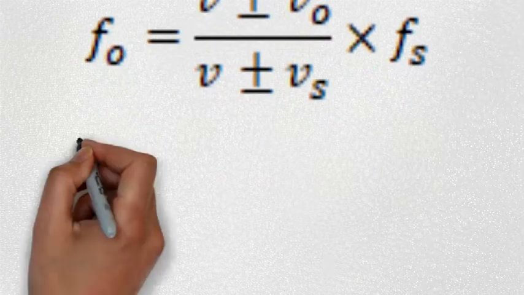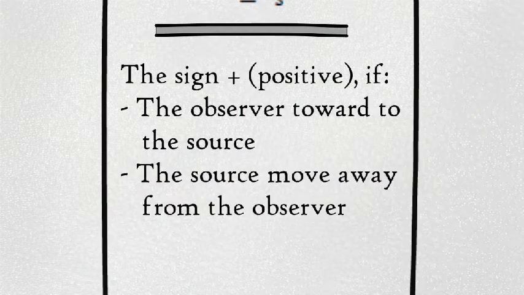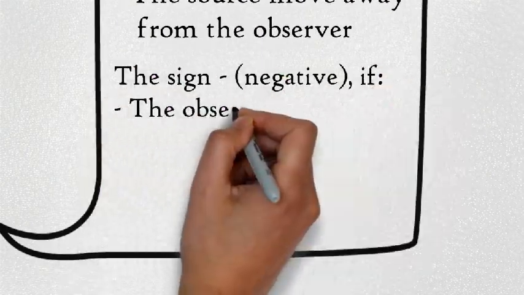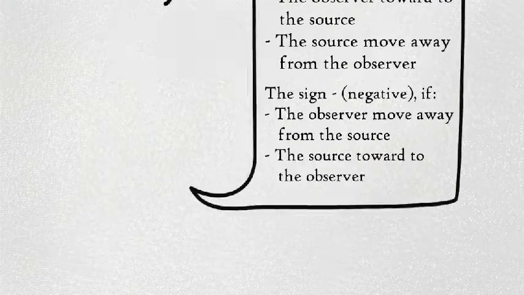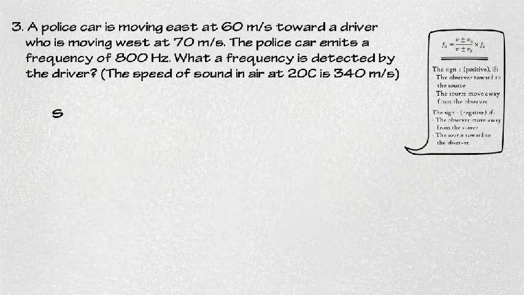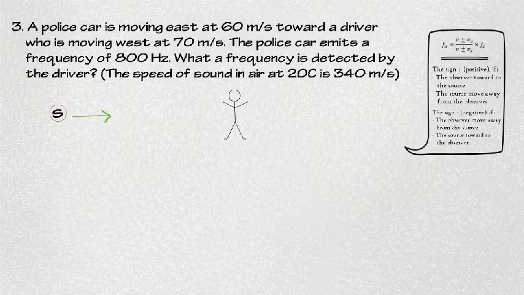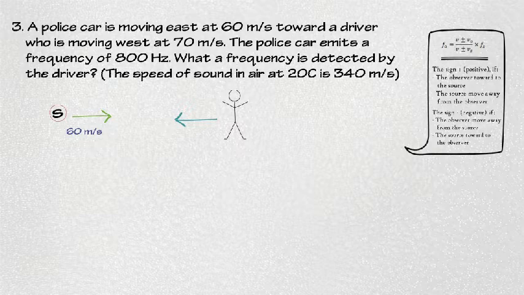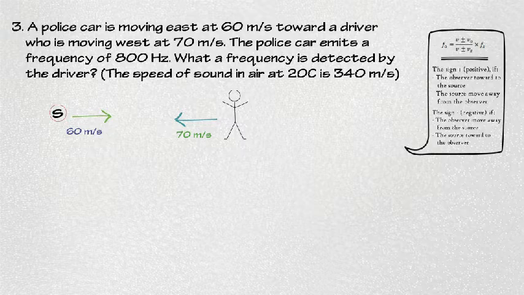This is the same formula to calculate the frequency of the observer, with the same statement as before. Let's calculate. The source is moving east at 60 meters per second and the driver is moving in the west direction at 70 meters per second.